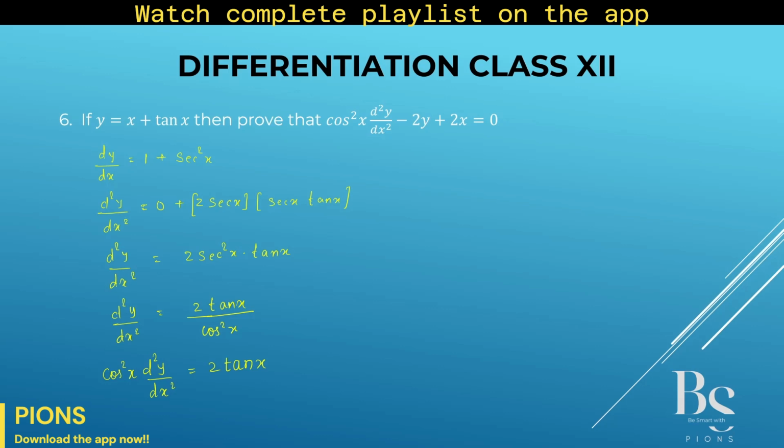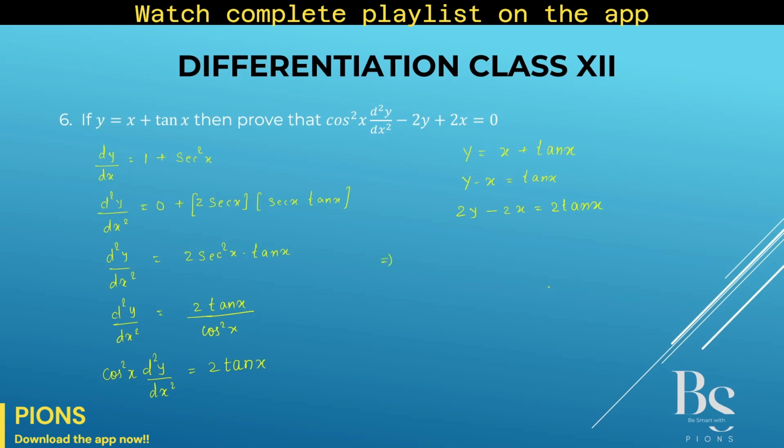Now let's recall our main equation. Our main equation is y equal to x plus tan x. If I take this x on the left hand side, it will be y minus x equals tan x. And if I multiply the whole equation by 2, why are we doing so? So that I can substitute here. I need 2 tan x. So 2y minus 2x is equal to 2 tan x. Let's substitute here.